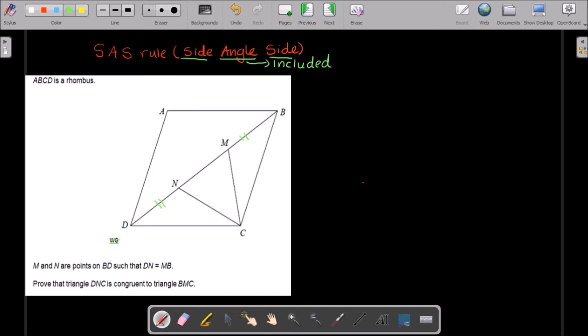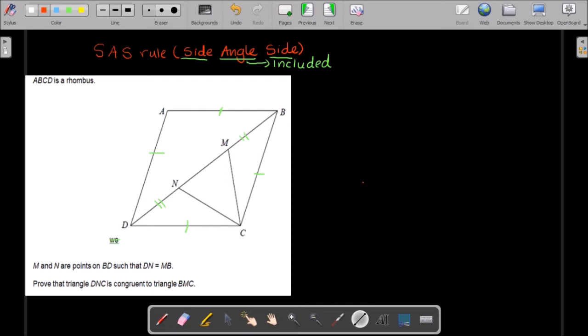So before I even get started, I'm just going to make some markings on the diagram. Since ABCD is a rhombus, all 4 sides are equal to each other. Now if you notice, the question's asking us to prove that DNC, which is this triangle, is equal to BMC, which is this triangle.